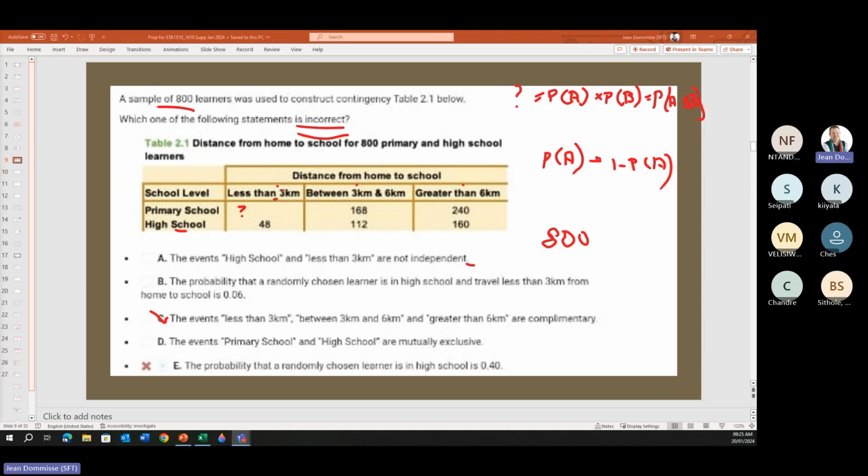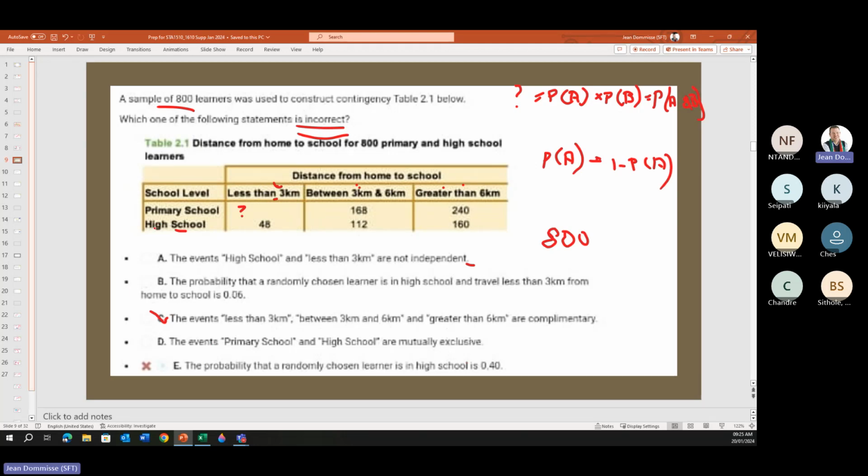So if you're not less than 3, you're in one of the others. If you're in between 3 and 6, if you're not in there, you're in the other two. If you're not in greater than, you're in the other two. So the events less than, between, and greater will be complementary.